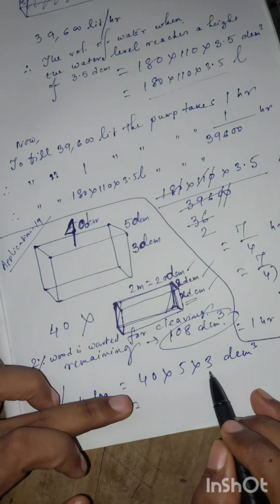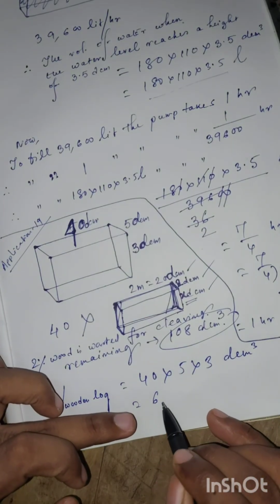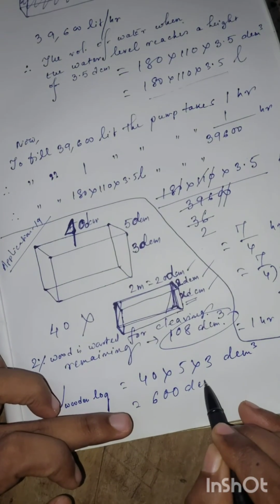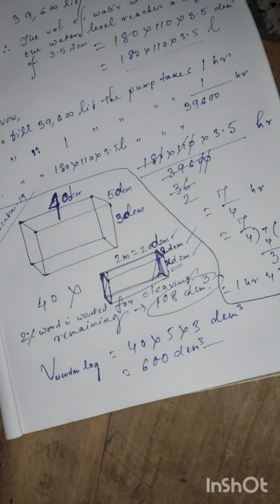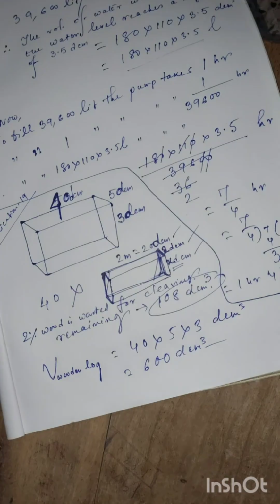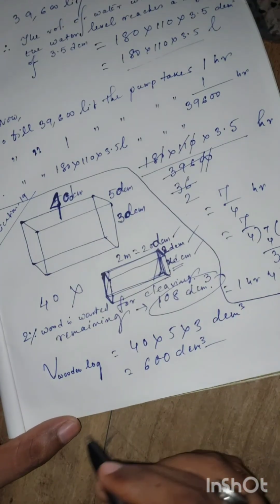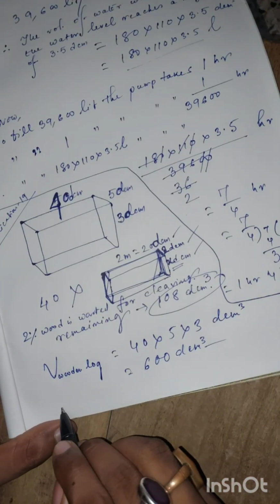So this is 600 dcm cube. I hope this is clear. Volume of this bigger log. Now volume of each plank.